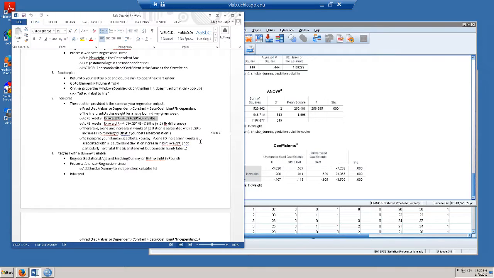I feel much more confident that a 1 week increase is associated with this pound increase. So how you want to use your standardized betas is going to depend on how many variables you have and how confusing it is to interpret them.